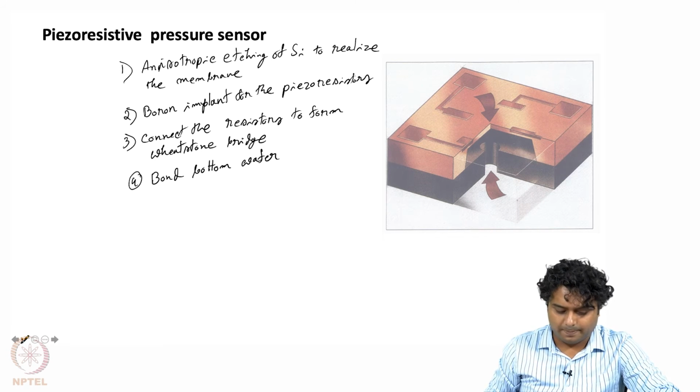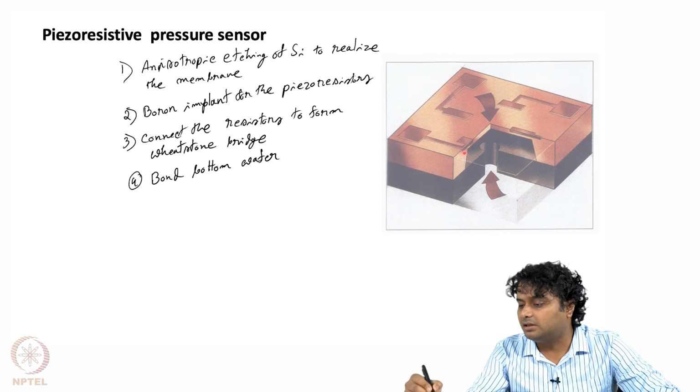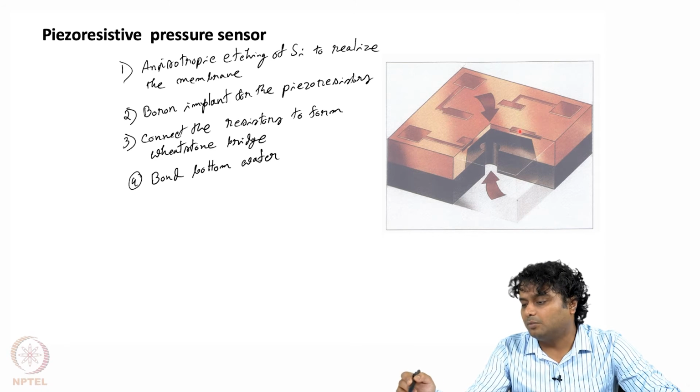As you can see, the top wafer has the membrane and all the resistors, all the devices made on that, but the bottom half is actually containing that pressure probe.